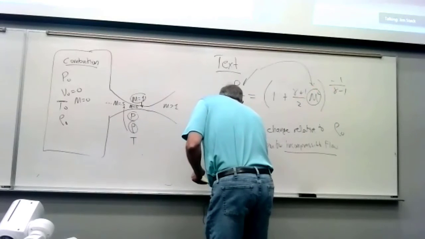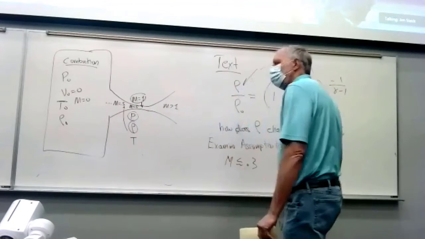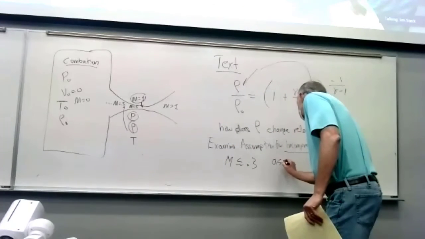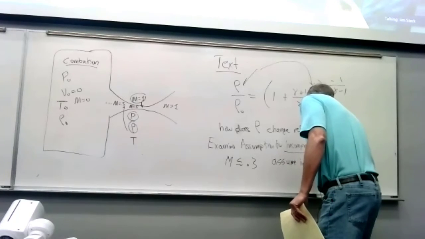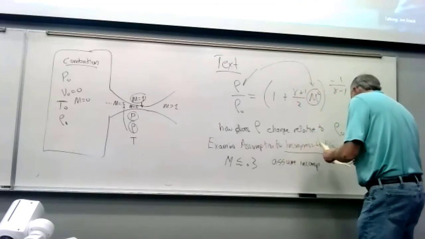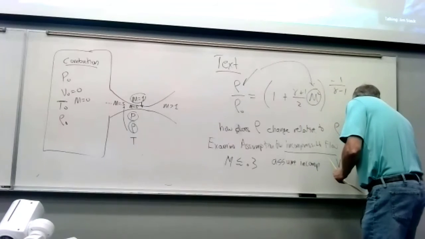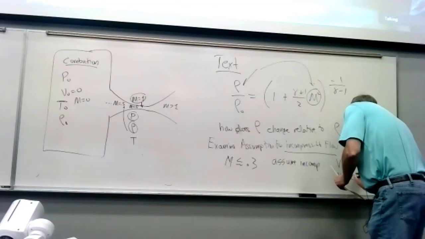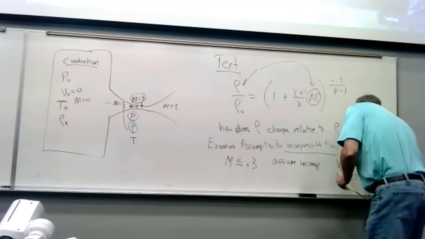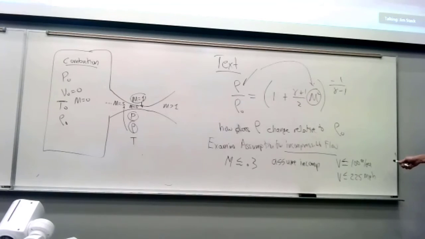I said, well, when the Mach number is less than about 0.3, we can assume incompressible. And I also gave you some velocity limits. I said when the velocity is less than or equal to about 100 meters per second, or 225 miles per hour. Remember those? I said if you're less than this, you can pretty much assume incompressible.